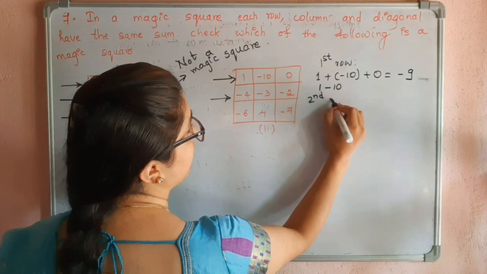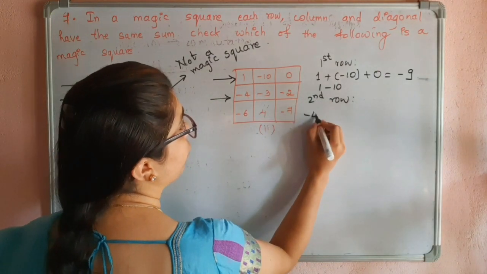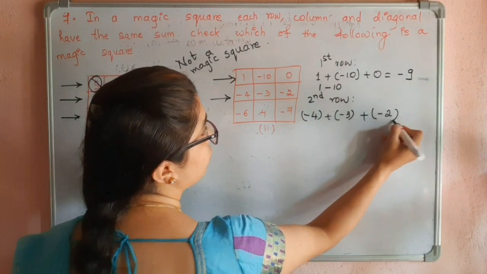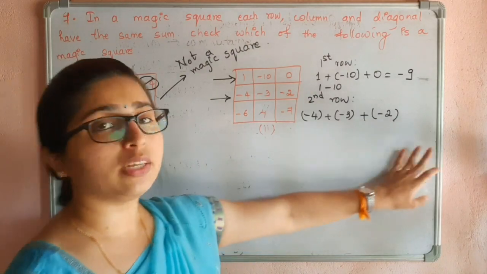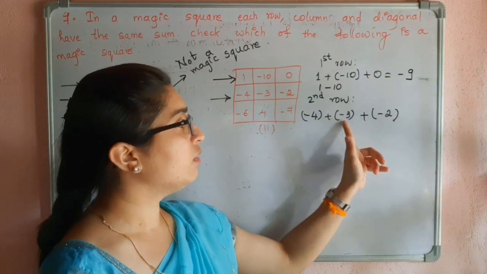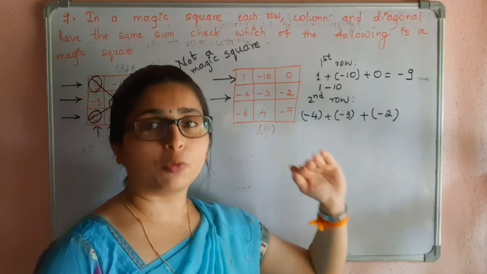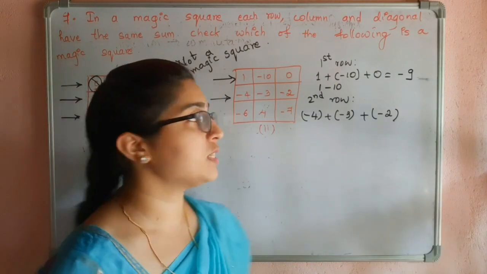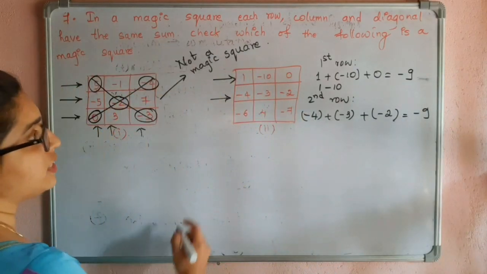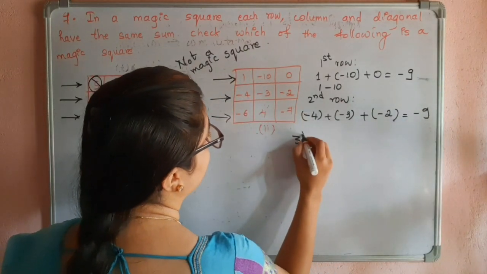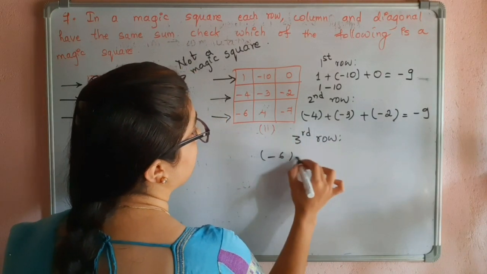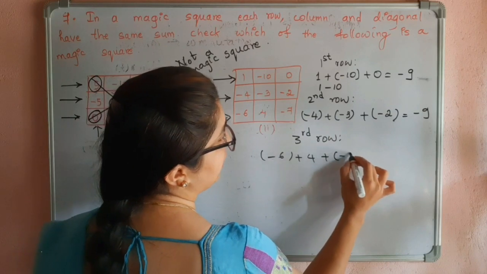Next is the second row: minus 4 plus minus 3 plus minus 2. So we are adding all negative integers. Take the absolute values 4, 3 and 2 and add them. 4 plus 3 is 7, 7 plus 2 is 9. So the sum is minus 9. Next is the third row: minus 6 plus 4 plus minus 7.